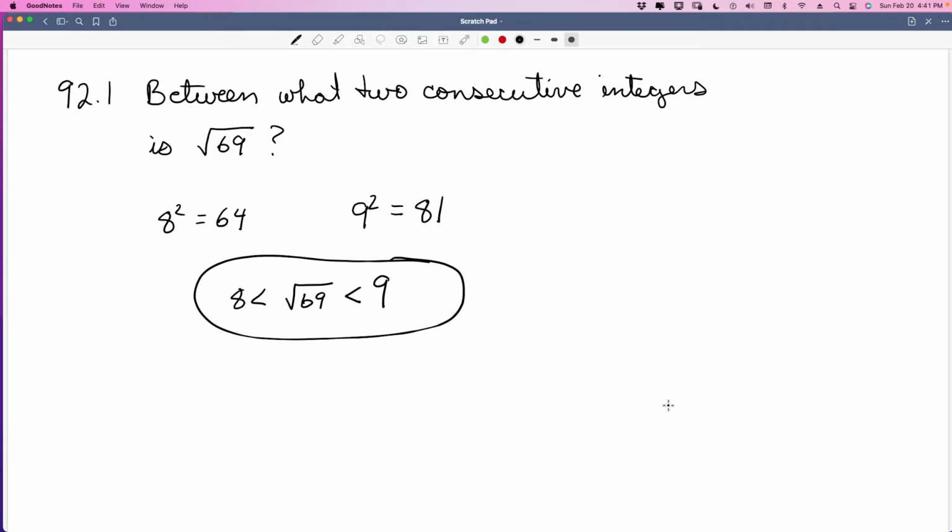All right, so that's all you're going to do: you are going to look at your multiplication table of numbers times themselves.